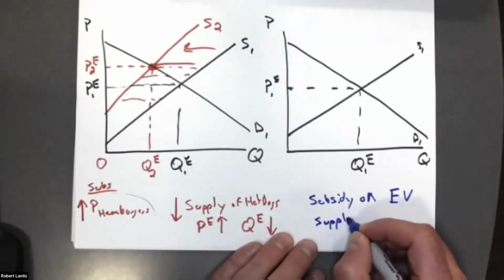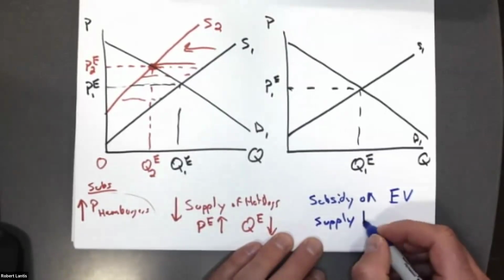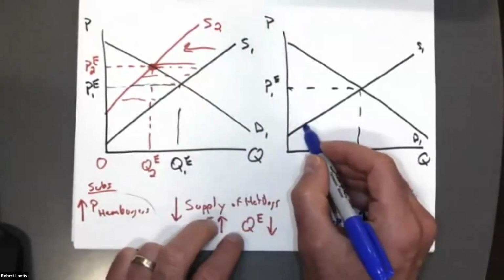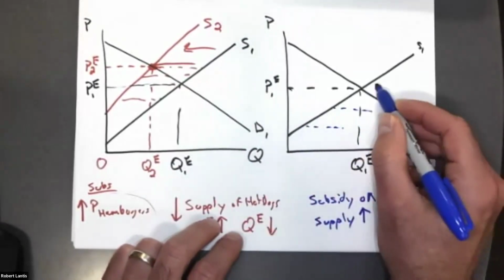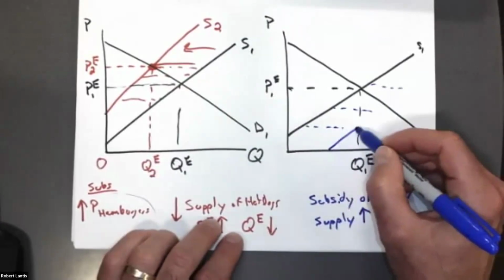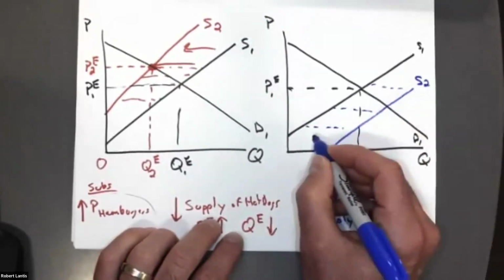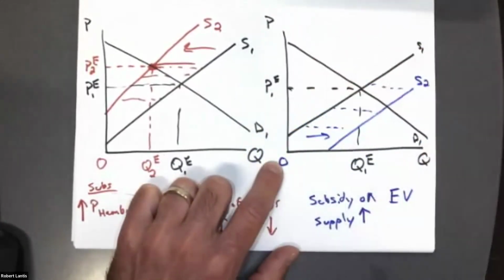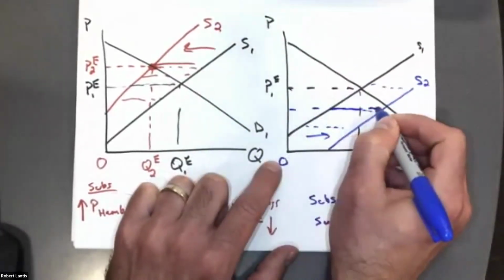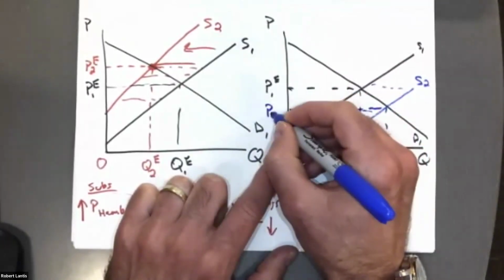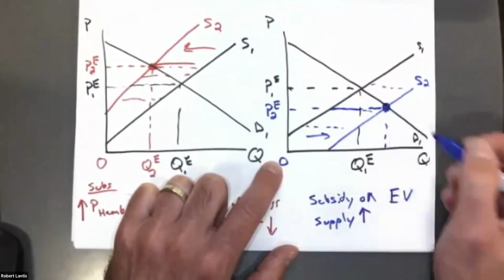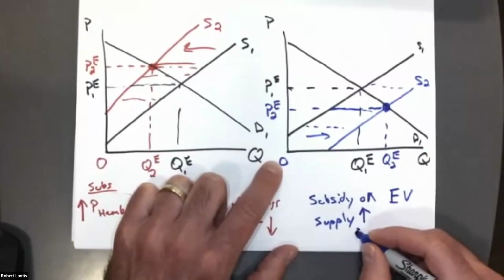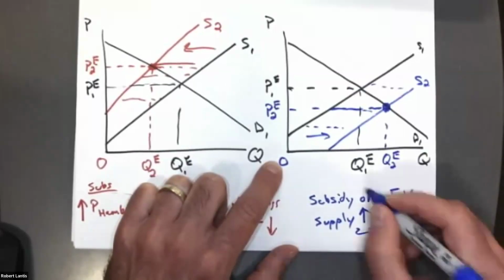Well, if I'm giving a company money to make something, the supply is going to increase. We said that would mean that at every price, companies are willing to produce more than they were before. So my supply curve shifts to the right. It's moving further away from that 0 point. Where is my new equilibrium price and quantity? Where does my new supply curve hit my demand curve? Looks like it's out here.